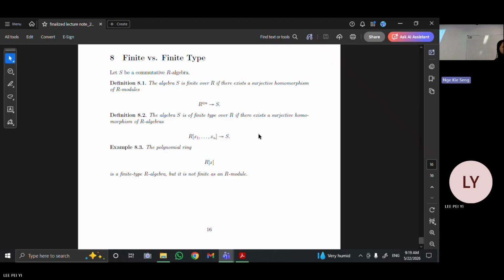Do you define finite for module? I think this phrase here is F.1. That doesn't have such a thing.